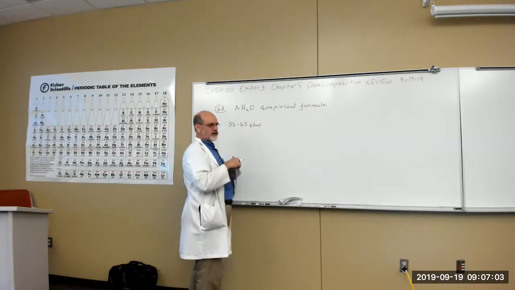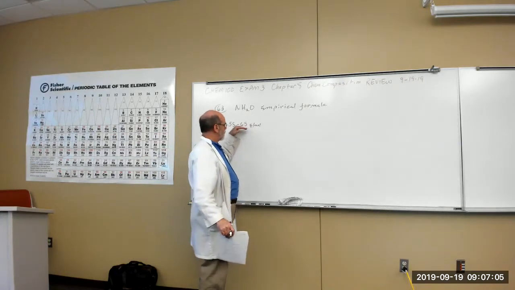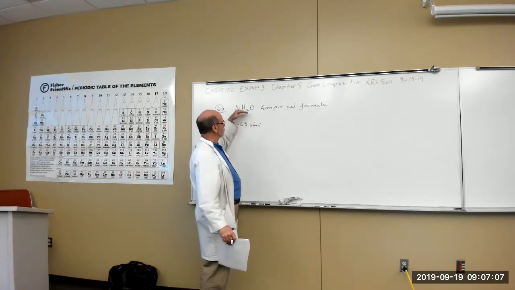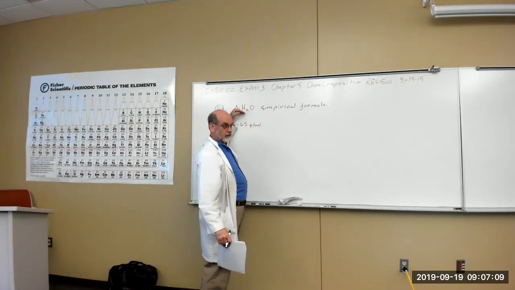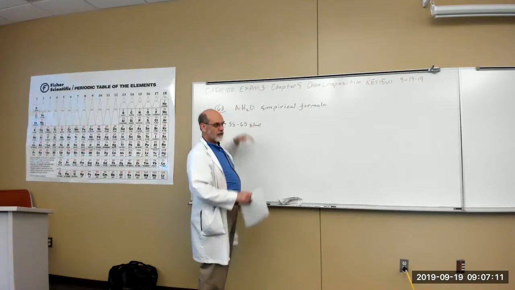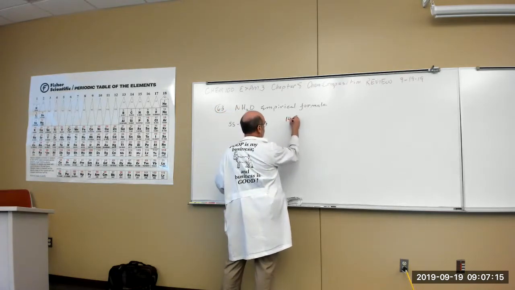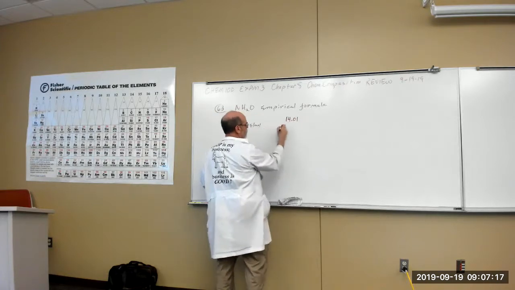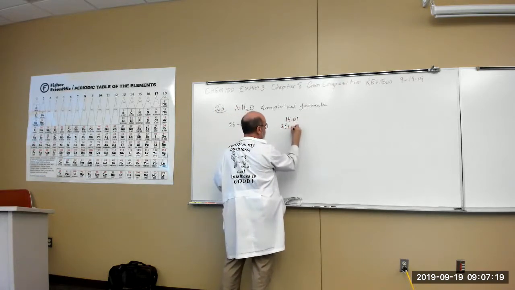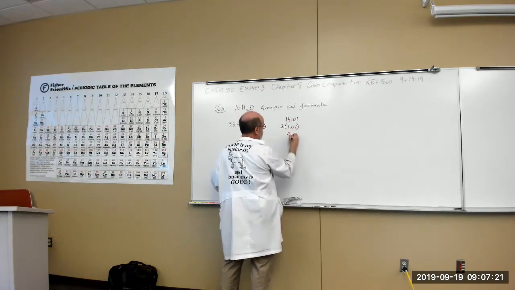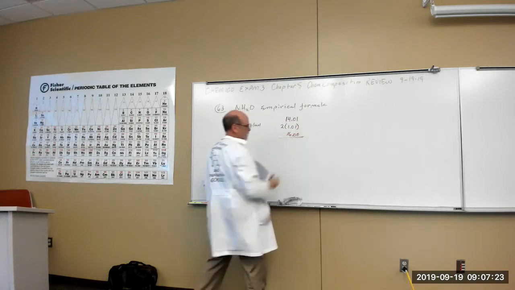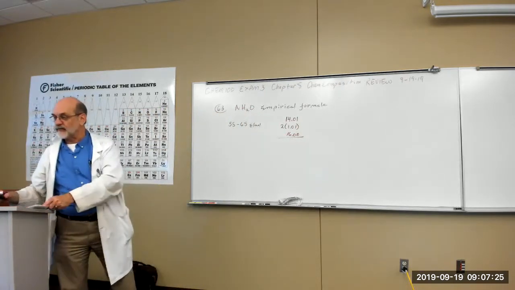You're going to have to ratio some number here to some number that you derive from that one, right? So the empirical weight is going to be nitrogen, hydrogen, and oxygen, right? Let's just add those together and find the empirical weight.